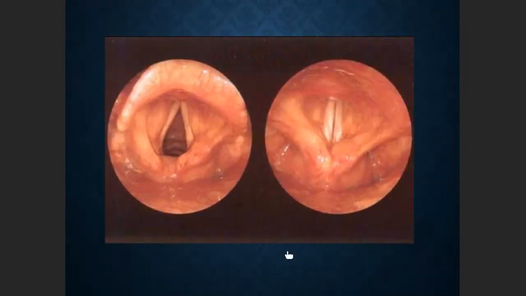Here again, this is the opening of the larynx, while closure of the larynx leaves a small opening for the air. That small opening leads to vibration, and that vibration leads to the sound. That sound is amplified by the mouth, nose, and pharynx.